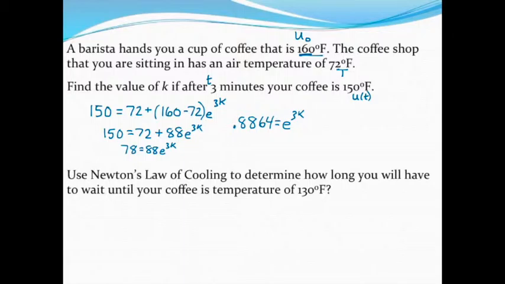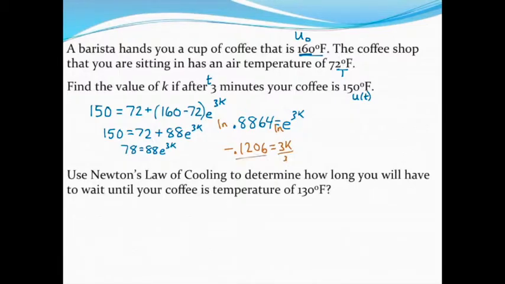So now at this point I need to switch over and use some logarithms. To get rid of a base of e, I'm going to take the natural log of both sides. Well, once again, try to avoid having that part rounded. Do the natural log of the full thing on your calculator to be as accurate as possible. That works out to be about negative 0.1206 equal to 3k. And once again, use that full number on your calculator.